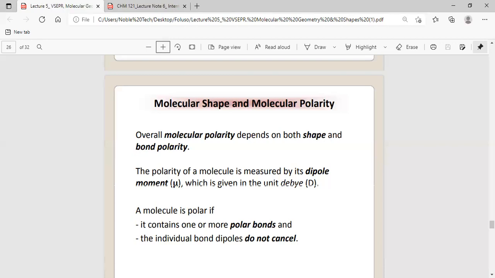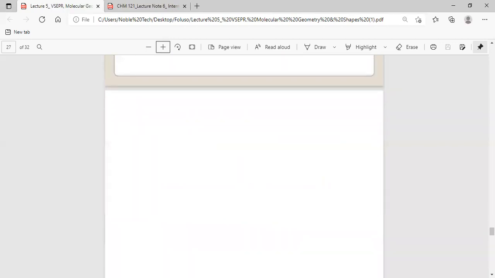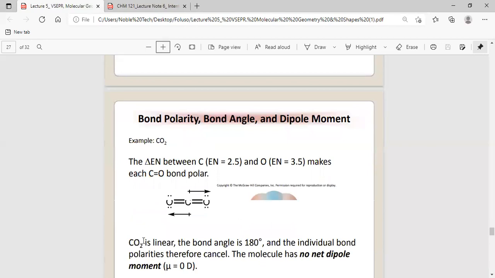The unit of dipole moment is the debye, and we need the individual bond dipoles not canceling out each other for us to have a positive value for our dipole moment. So two things: polarity of the bond, and individual bond dipoles not canceling out each other. Let's look at a typical example to illustrate what we're talking about.